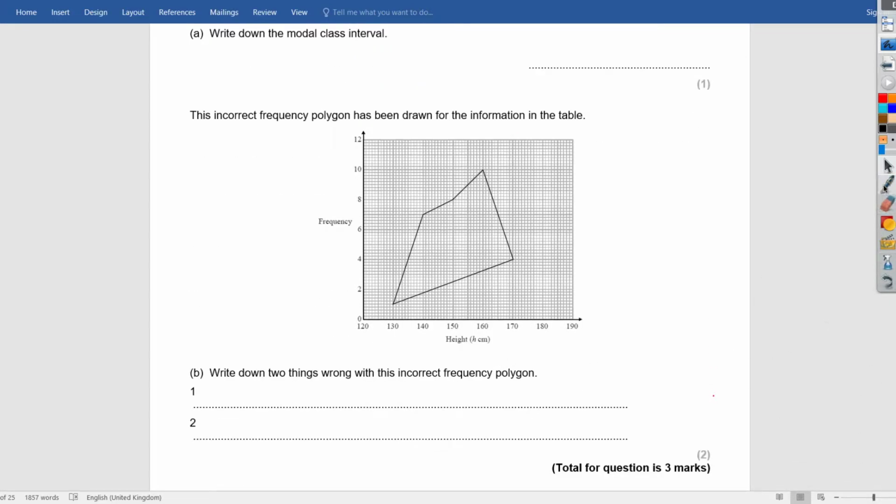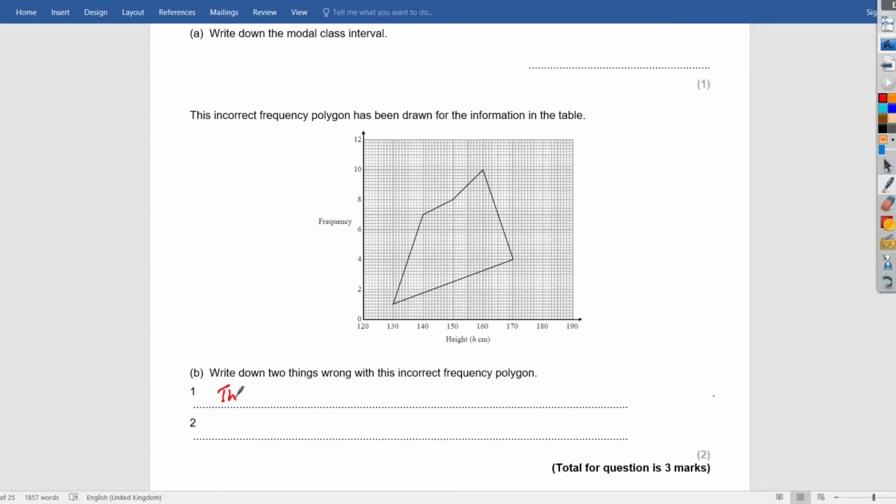So if we were to write those down, we would say, write two things wrong with this incorrect frequency polygon. What's wrong?